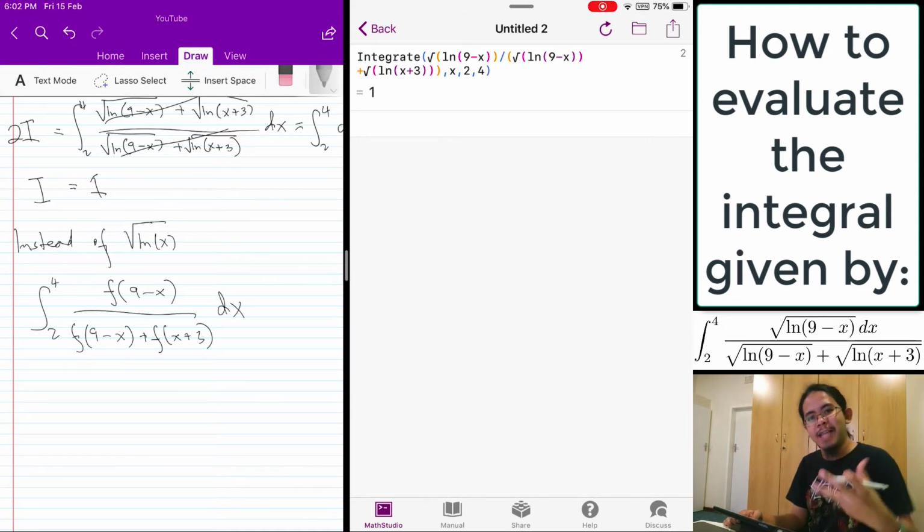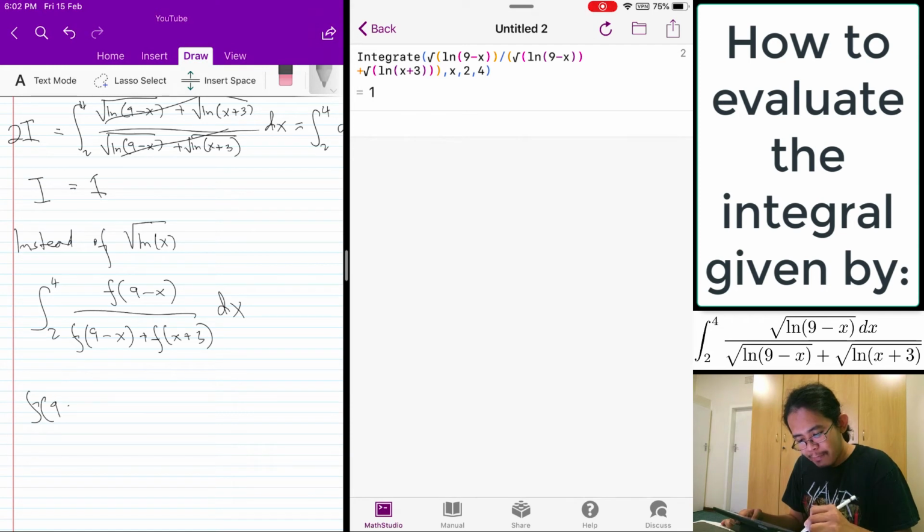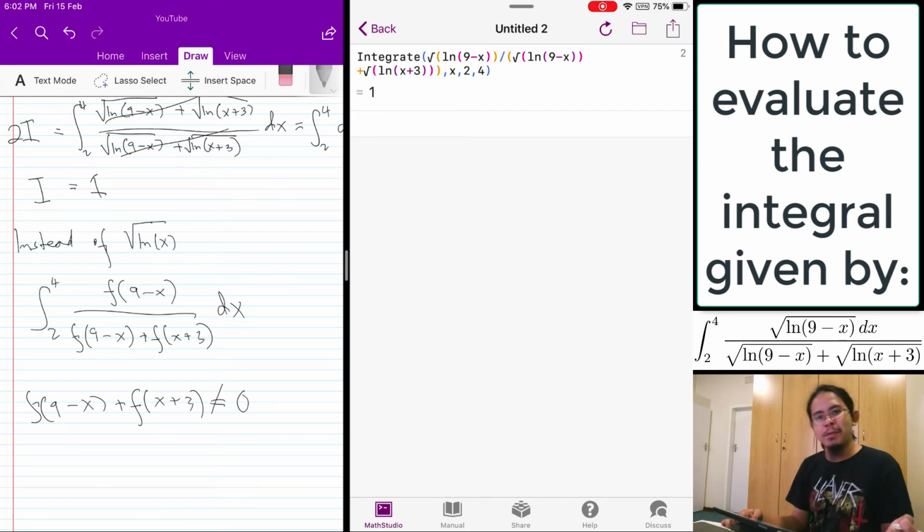You can use exactly the same technique that we applied before, so long as f of 9 minus x and f of x plus 3 are continuous on the interval from 2 to 4, and of course we have to require that the denominator, f of 9 minus x plus f of x plus 3, shouldn't be equal to 0. Otherwise, you will have a divergent integral.